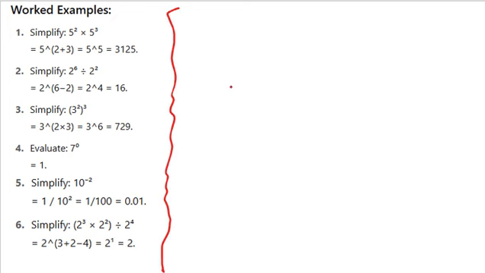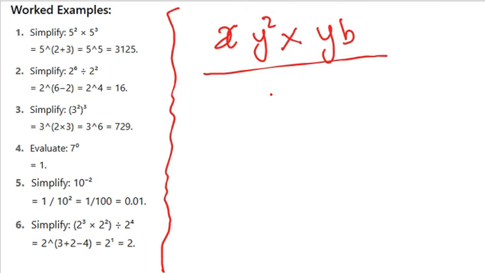A very simple one. Okay, so if you have x y squared times y b, all divided by a b x squared.